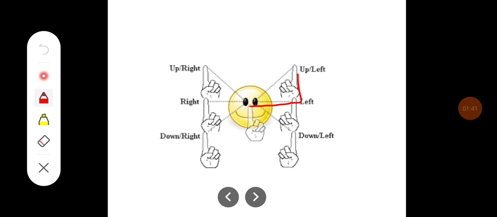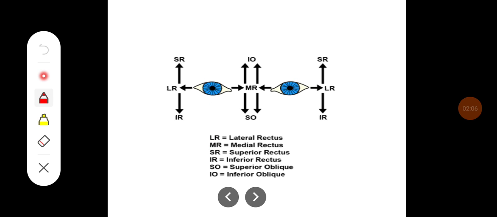Then the finger has to be moved in upward direction or downward direction. Then again bring the finger back to the central, and similarly on the other side it has to be tested. Then go upward direction or in the downward direction. Like this, the ocular movements have to be tested.